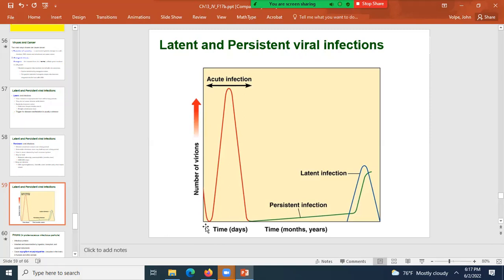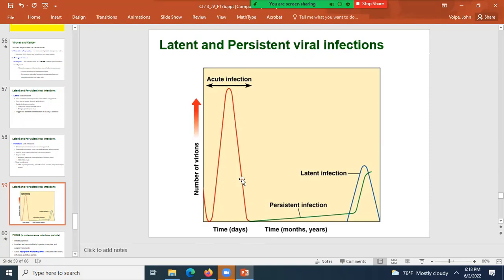After incubation, the viral load then increases very rapidly, coming to high numbers, and then the virus decreases very rapidly. Like the human cold follows this. We get a very rapid increase in the virus load, we get sick, and then the virus goes away.